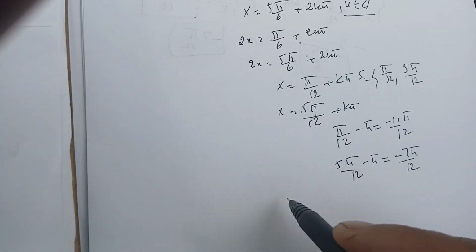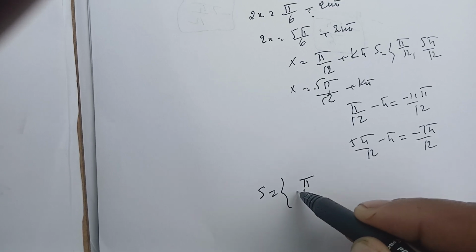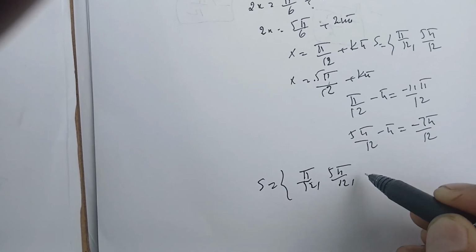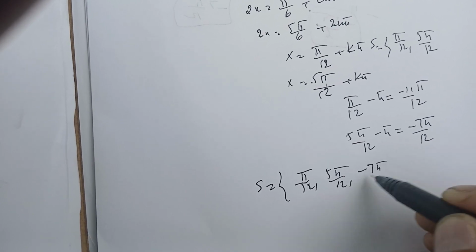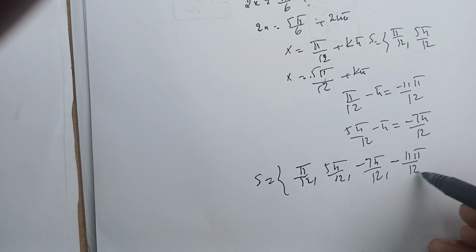That's why these are my only solutions: pi over 12, 5 pi over 12, minus 7 pi over 12, minus 11 pi over 12.